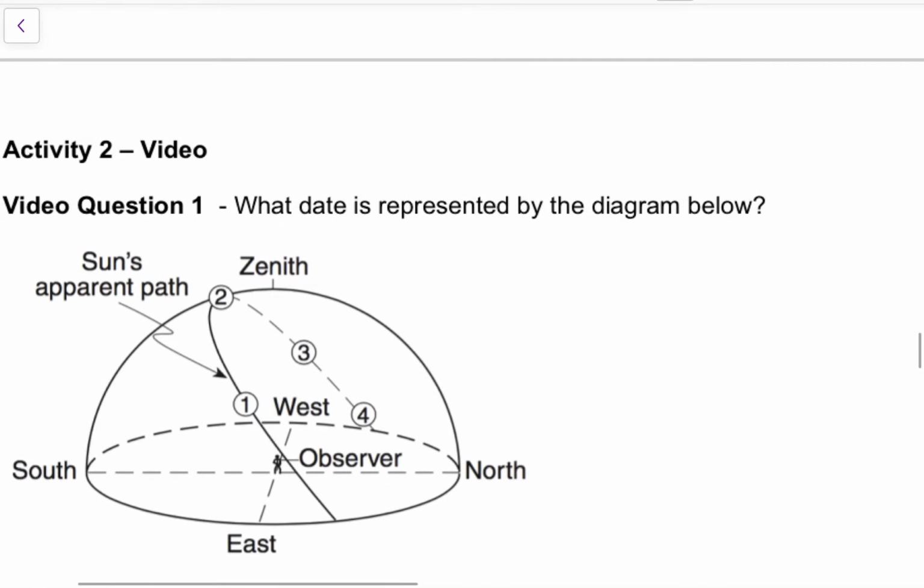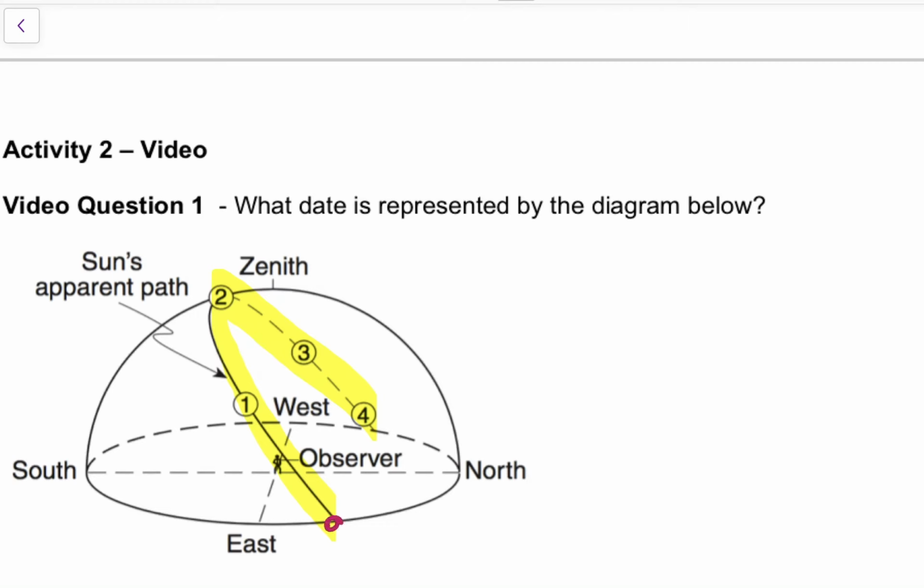So in this question, we have a celestial sphere showing the path of the sun. And the question says, what is the date represented by the diagram below? So the first thing we want to do is look at the diagram and see what information is given to us. If we look at the diagram, here we have the sun's path.